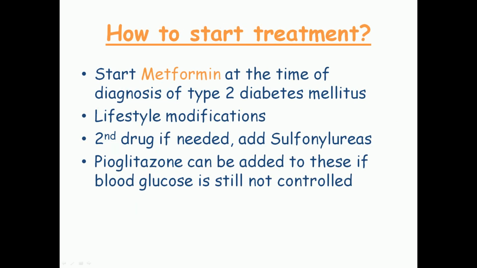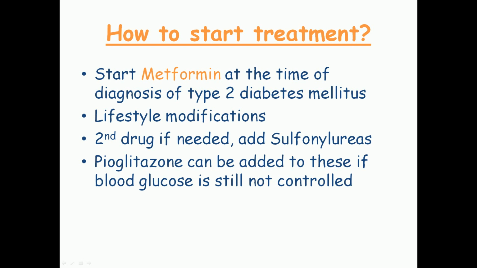Now, how do you start treatment for type 2 diabetes patients? The first drug which you need to start for a type 2 diabetes patient is metformin at the time of diagnosis. Along with that, you'll advise several lifestyle modifications such as exercise, diet control, and a non-sedentary lifestyle. The second drug, if needed, is you can add sulfonylureas.